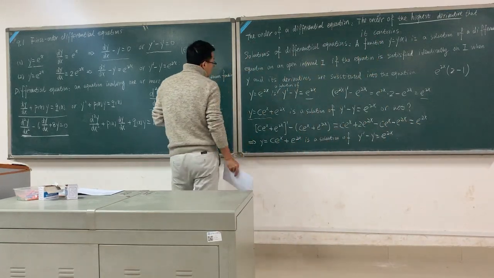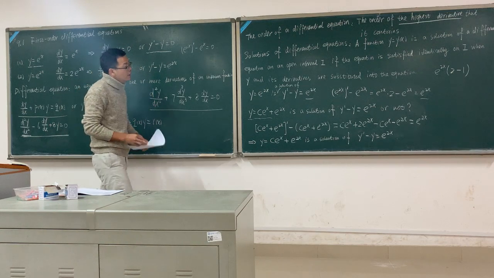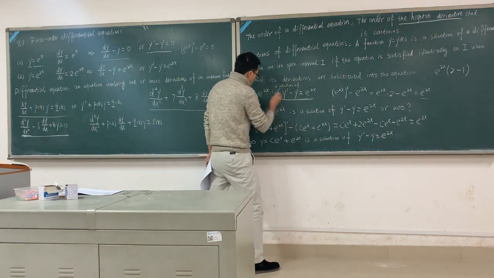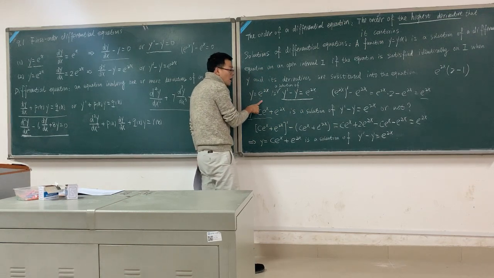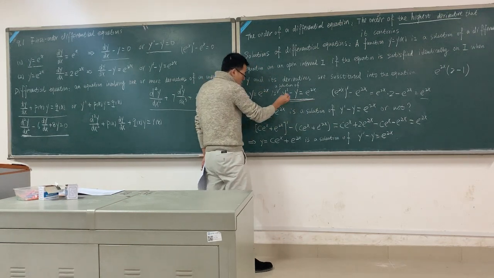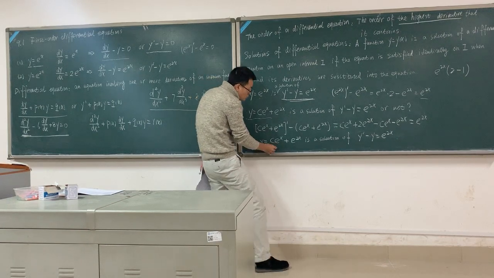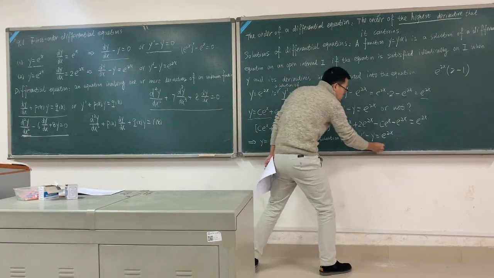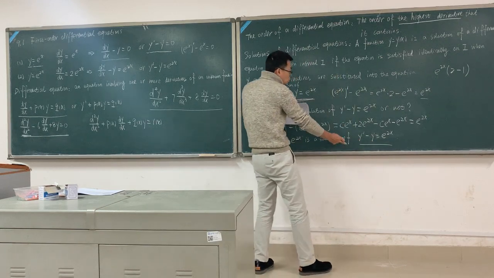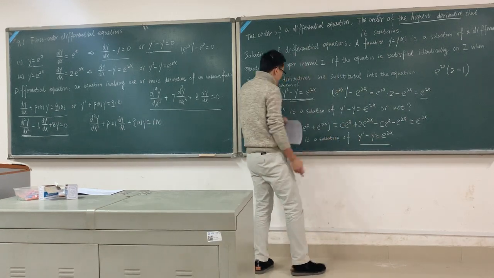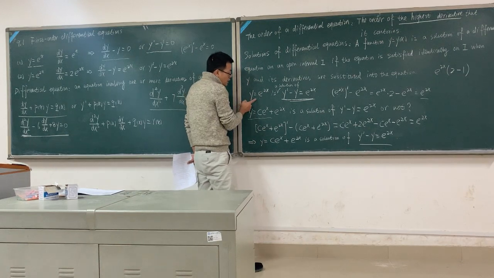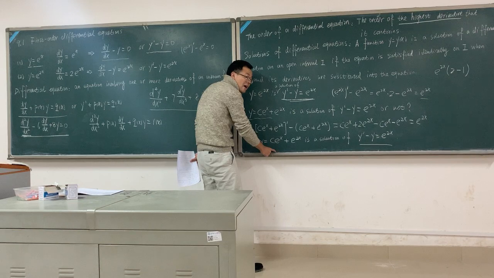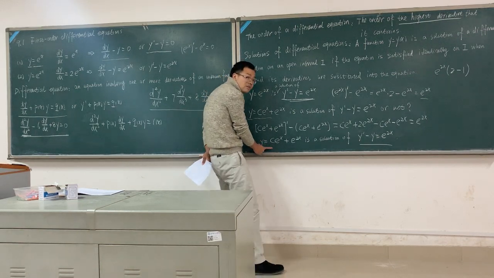So now we can see for this equation, y equals e^{2x} is a solution of this equation, and y equals c e^x plus e^{2x} is also a solution of this equation. Now we can see these two solutions are actually related, yeah?